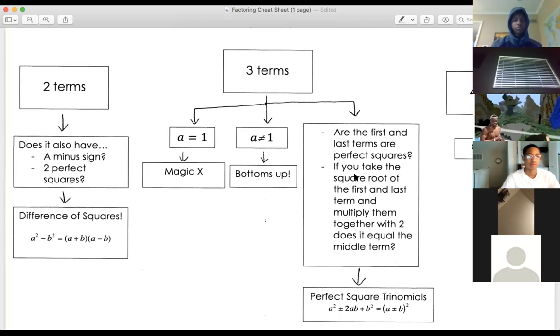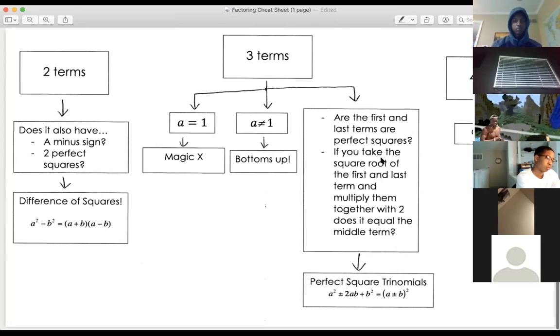And if you have 3 terms and you notice that the first and last terms are perfect squares, and if you take the square root of the first and last term and multiply them together, and then multiply that answer by 2, and it happens to equal the middle term, then you can use the shortcut for perfect square trinomials. Remember, you don't have to use the shortcut. Bottoms up and magic x will also work for those perfect square trinomials. It's just if you want to save time and you notice the pattern, then you can use that formula. And if you have 4 terms, the only option is grouping.